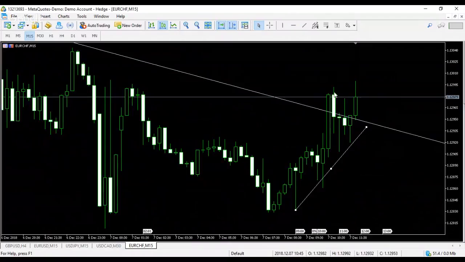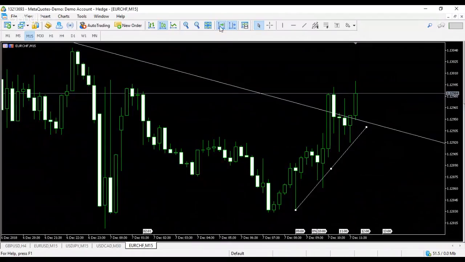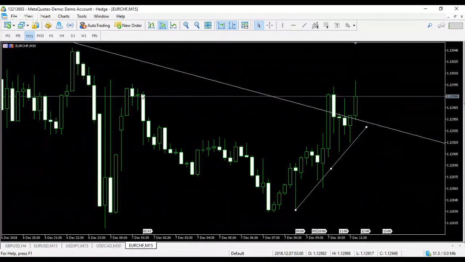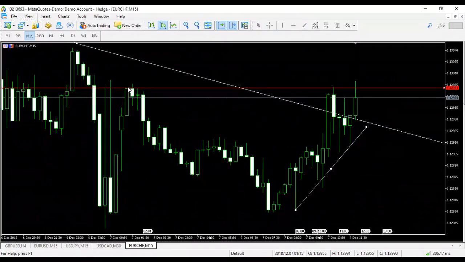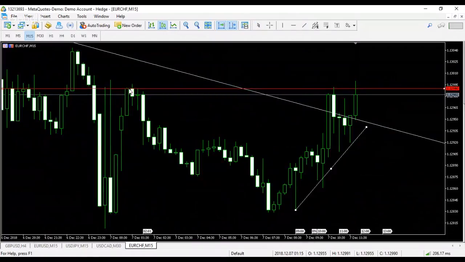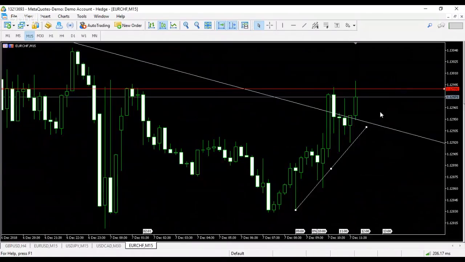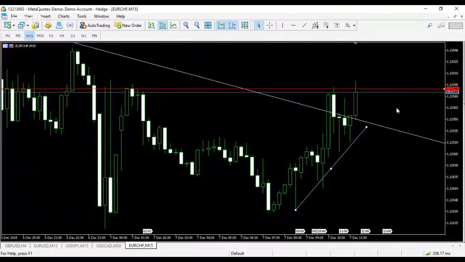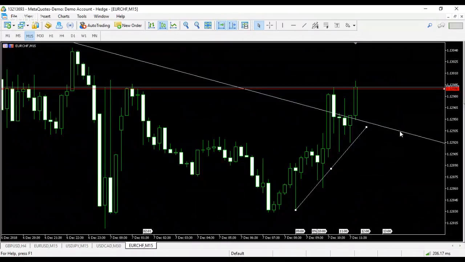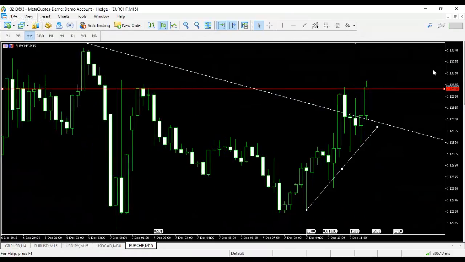And as you can see here, there's a lot of support and resistance lines. Like here, there's actually one, and it's a very strong one. This one, it's a very strong one, which could give us a good idea of a retracement, meaning that it might come this way, and then from here we can go back up.